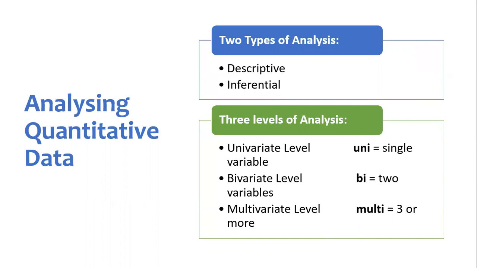You want to know what percentage of people are female compared to male, what percentage of your population is married compared to single, what percentage are from a particular part of the country compared to the other, how many persons from a particular educational status responded. So it is summarizing your data.